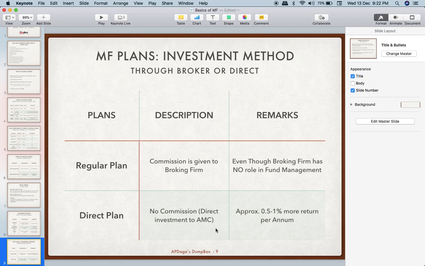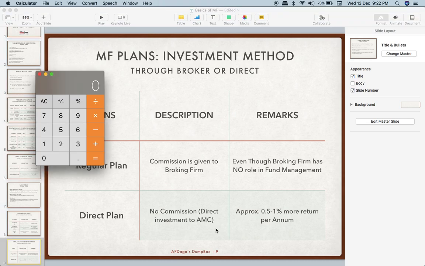Now let's assume you have invested 1 lakh, which is a small amount, and 1% of 1 lakh is 1,000.